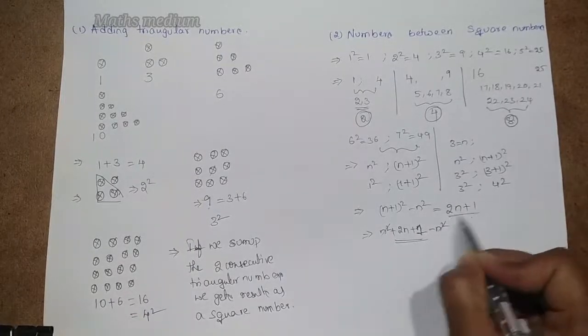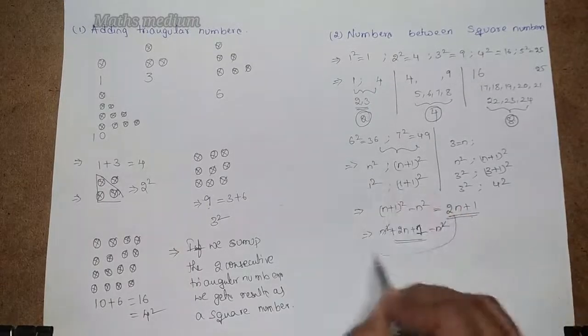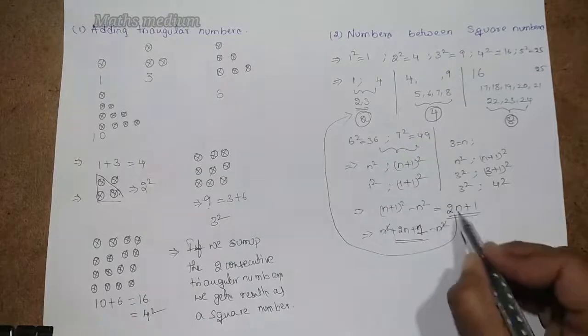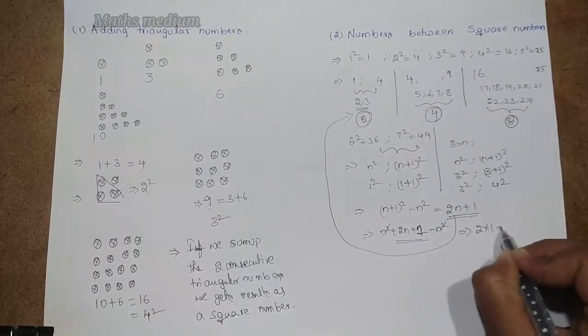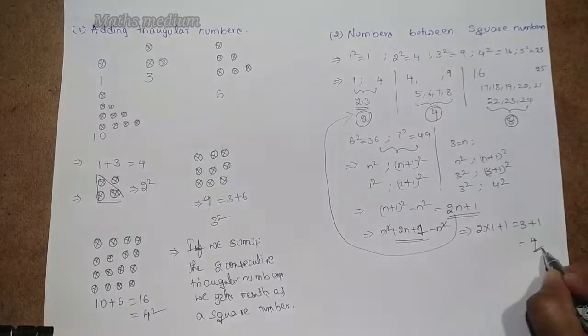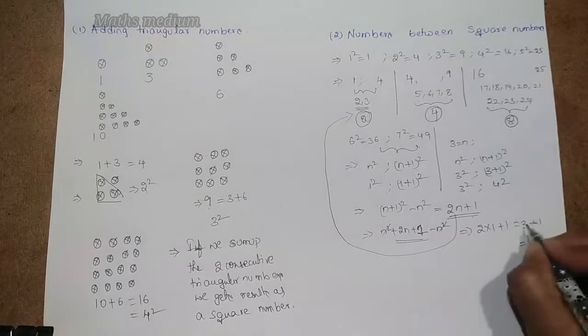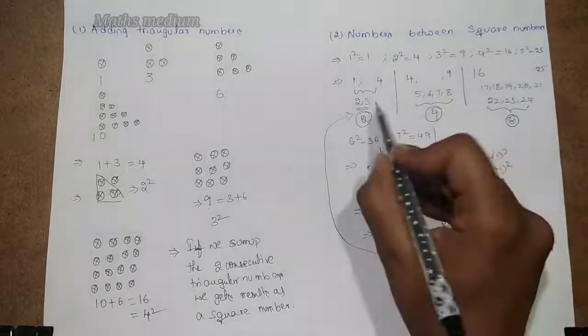So if you take any number, apply it to 2n plus 1. Here n means 1, right? So 2 into 1 is 2, 2 plus 1 is equal to 3. Here we get 3, but the actual count is 2.